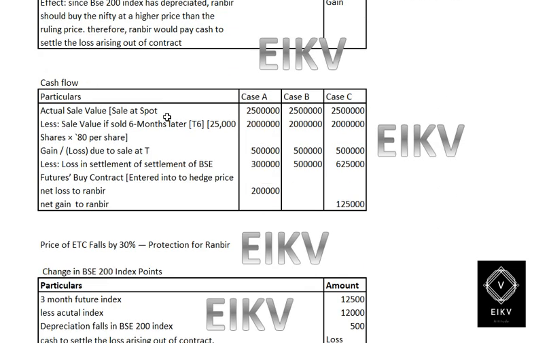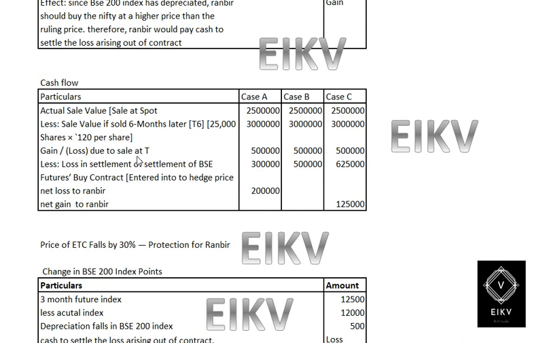So the cash flow would be: actual sales value would be 25 lakh, less sales value of 6 months, which would be 25 into 120 per share. So it would be 30,000 each. So the purchase price would be 30,000.